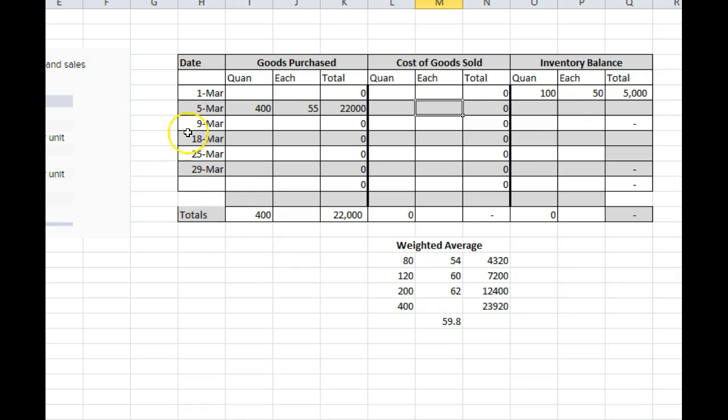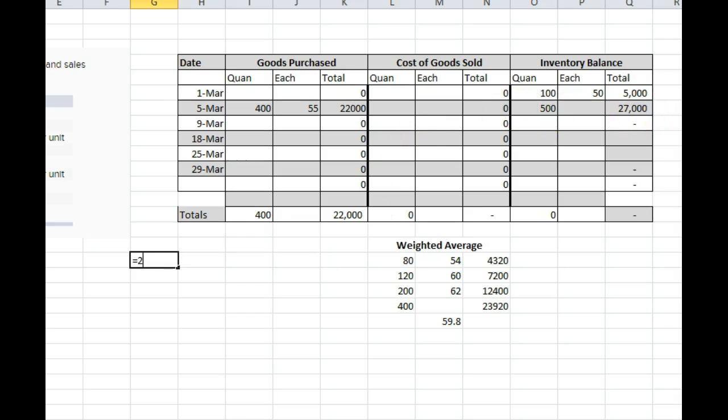So now we have to find the average between these two layers. So 100 plus 400 means we have a total of 500 in-house. If I take 5,000 and add it to the 22,000, that inventory is worth 27,000. Now to find the cost per unit, I'm going to divide the 27,000 by 500.